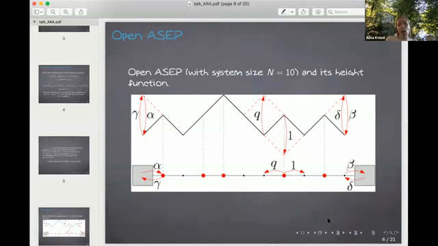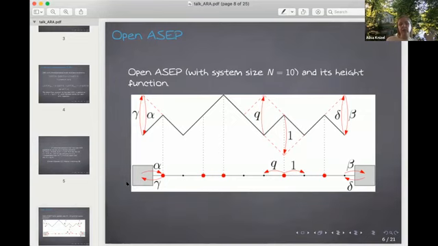The dynamics of the model depends on 5 parameters: alpha, beta, gamma, delta, and q. The dynamics is organized as follows. We have 2 reservoirs, pictured by these gray cubes in this figure, one on the left and one on the right. The interval is connected to these reservoirs, so particles can jump into the system and out of the system.